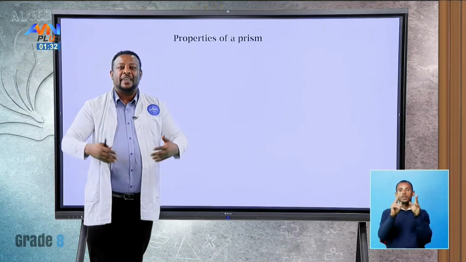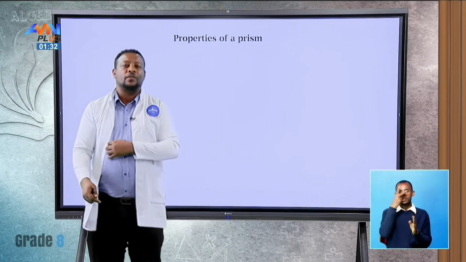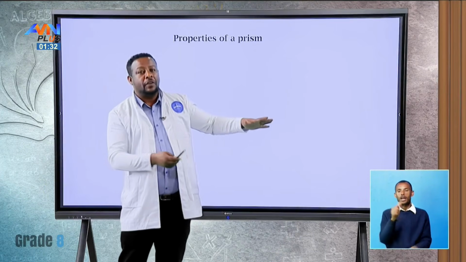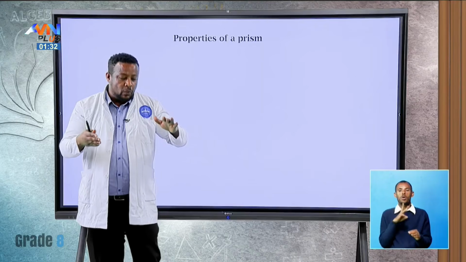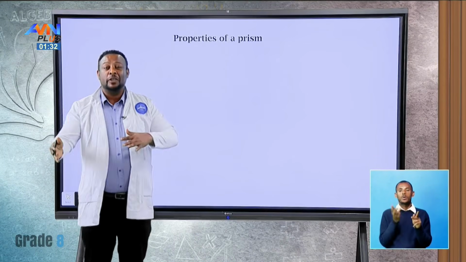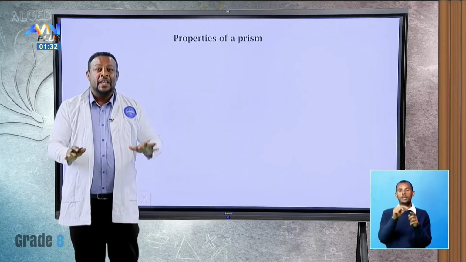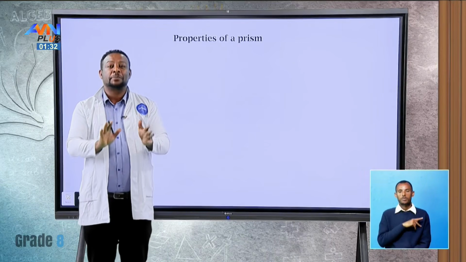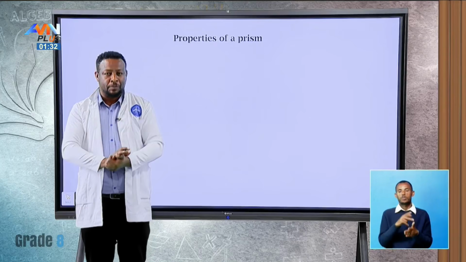Okay, next, let's see the properties of a prism. As we have seen before, we have seen the terminologies associated with a prism. So now let's see the properties of a prism. This property works for all types of prism.